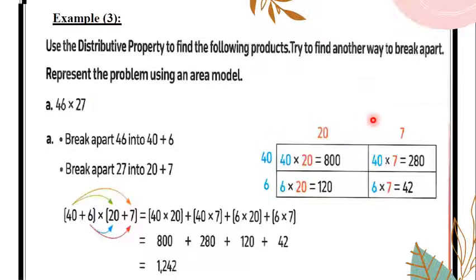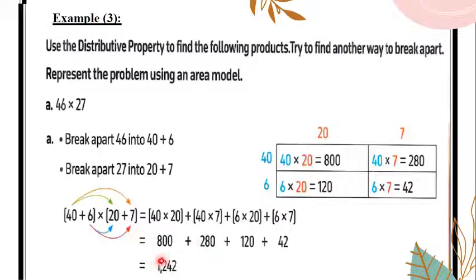You have the area model. Write 40 here and 6, and here 20 and 7. Let's make distribution. I will write 40 times 7, then 40 times 20, plus 6 times 20, plus 6 times 7.